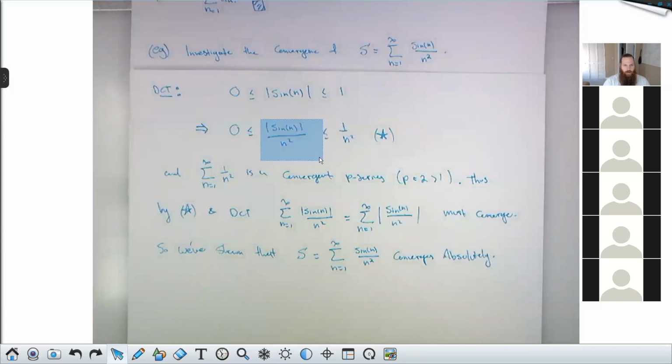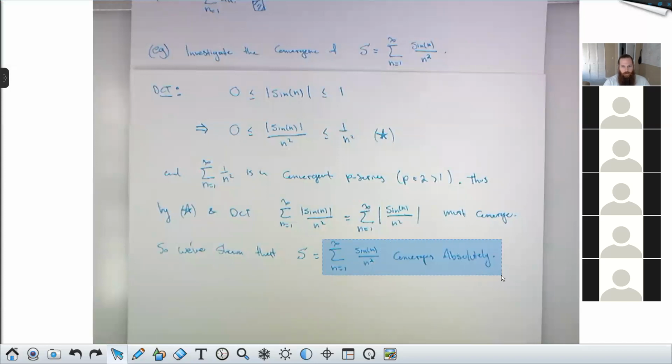The terms of that absolute value series are smaller than 1 over n squared. And since the sum sigma 1 over n squared is convergent, the absolute value version of my series must converge as well. And if the absolute value version of my series converges, then the original series converges.